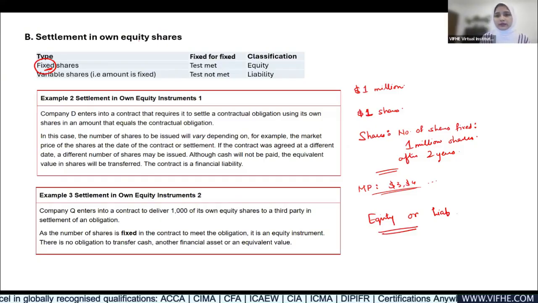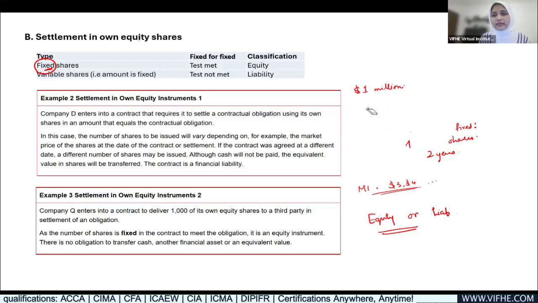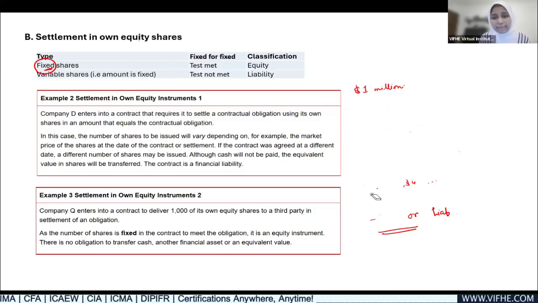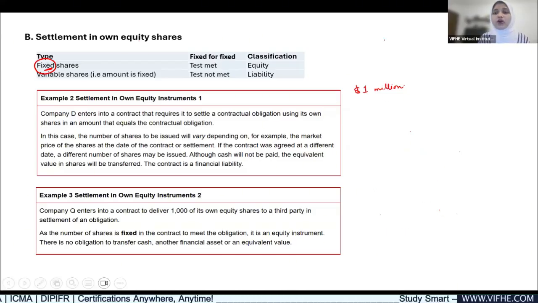But in another scenario, I'm saying that for the 1 million that I have borrowed, I will pay in shares only. My payment is in shares. I will issue shares, but I am not fixing the number of shares.